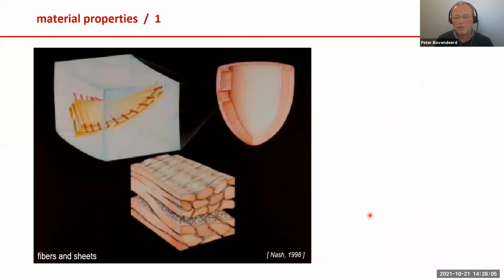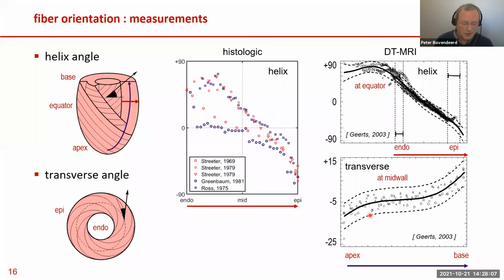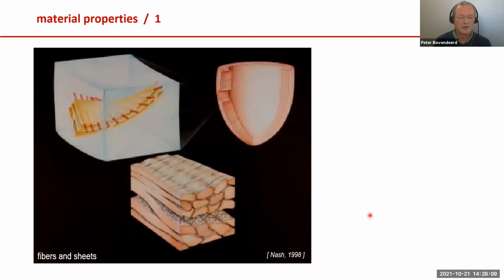So what else do we need? Well, this was the fiber structure. We need, of course, additional information on the material properties, because now we are looking at the 3D structure. And then it's important to know that the fibers that we had a look at before, actually in the cardiac wall, they are packed in layers of about 3 to 4 fibers thick.